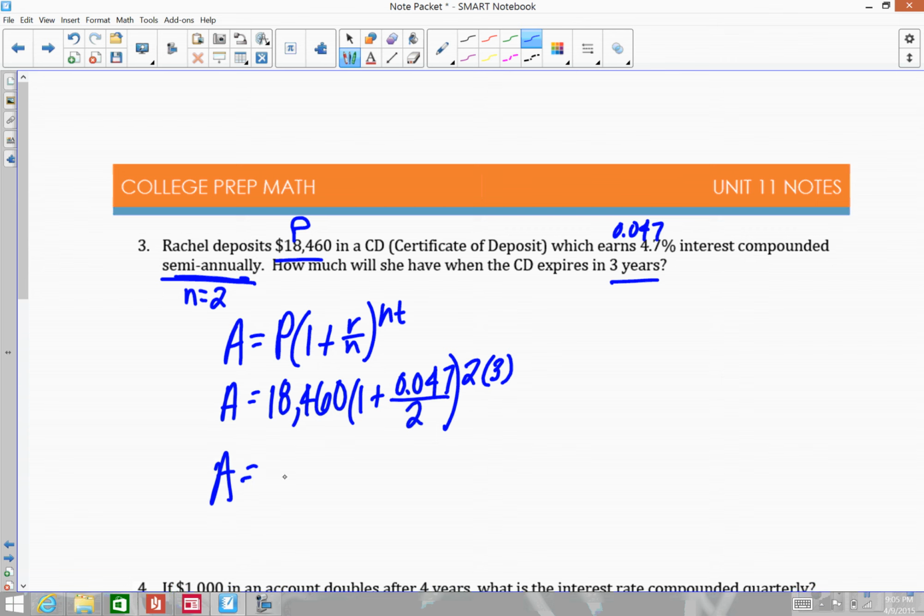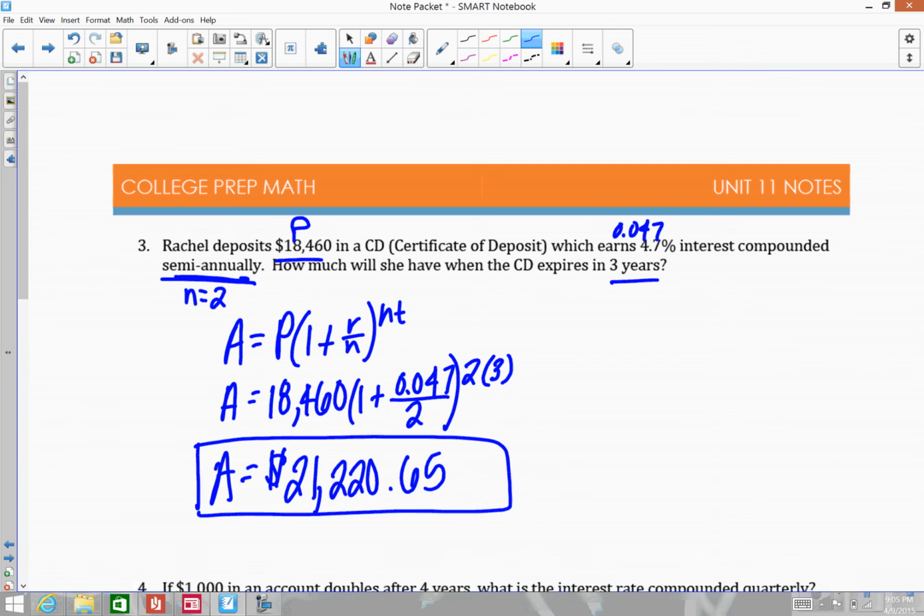Put that in a calculator, and you should get $21,220.65. So that's the amount that Rachel will now have in her account based on the growth.